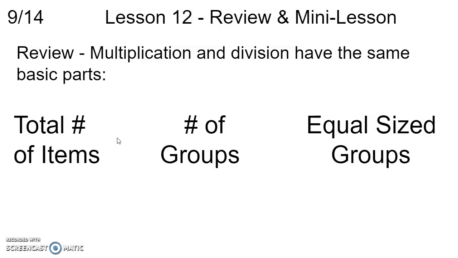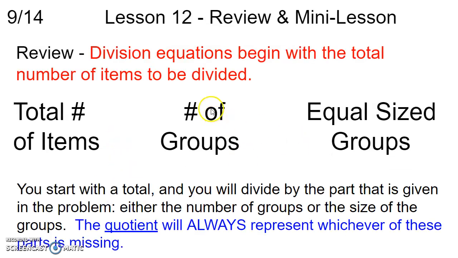And the lesson for today is that whichever part is given in the equation or in the problem, the quotient represents the other part. So let me explain. You're starting with the total number of items in division.